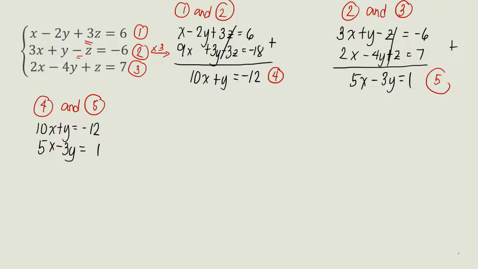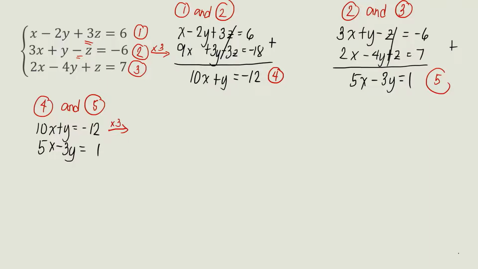there, right, on your fourth equation, so that the coefficient of y will be the same. So let's do that. Again, what we're going to do is to multiply 3 to the fourth equation.